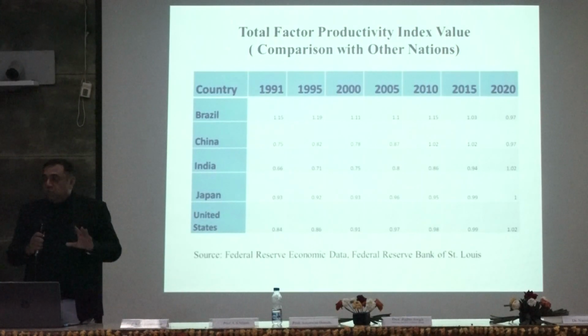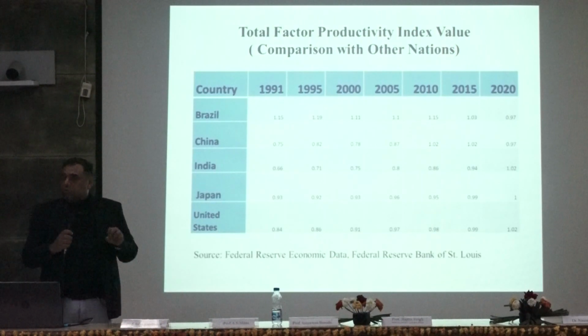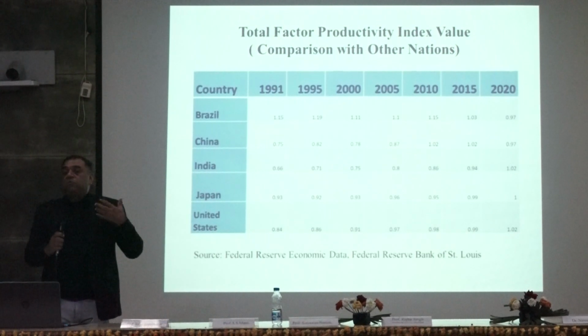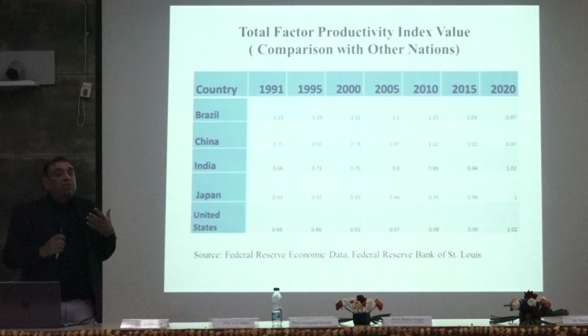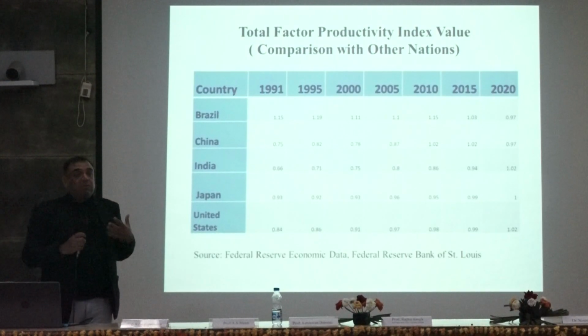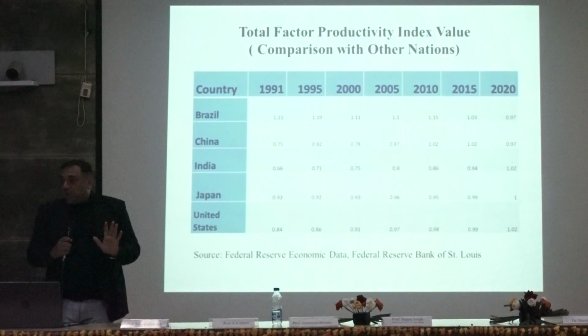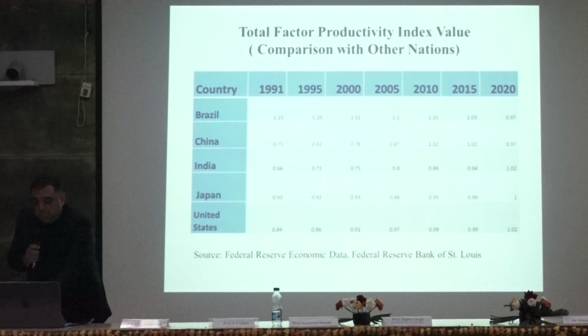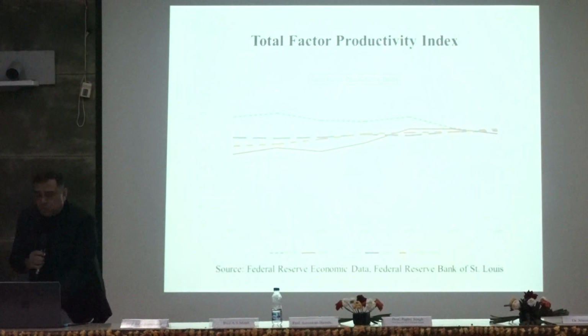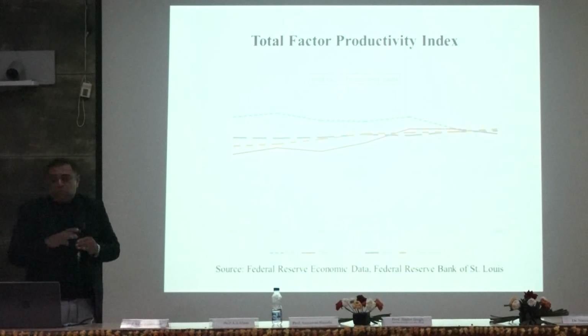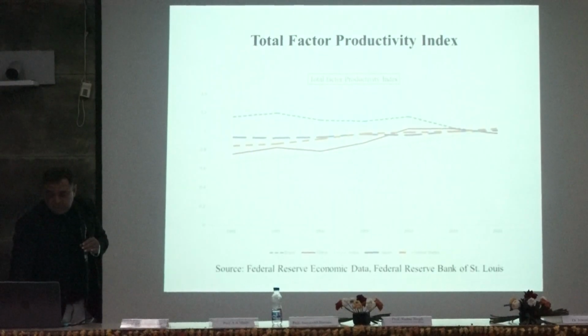So we need to take that factor into consideration, because we need to employ our youth labor, and that is why we need to skill them. We need to have courses to impart technical knowledge. Then it is the index of total factor productivity. You can see different countries: China, India, Brazil, United States, and Japan.